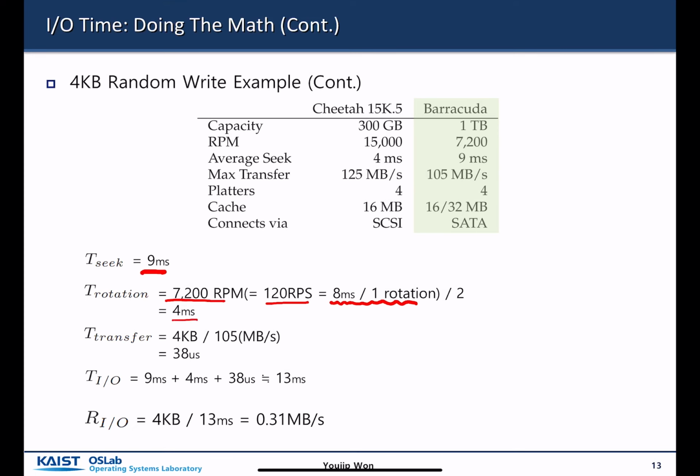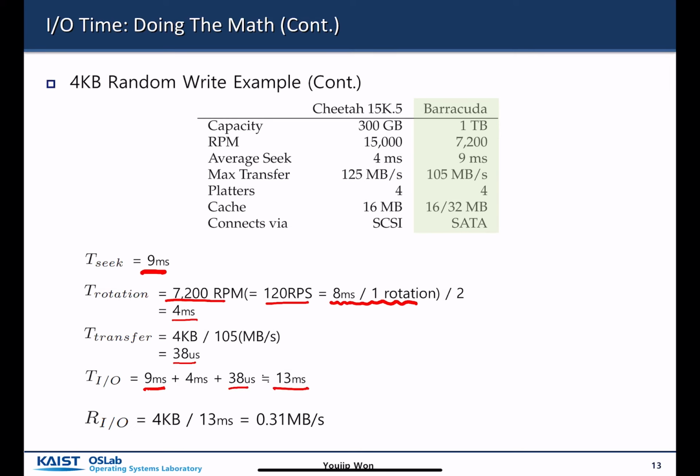And then the transfer time is 38 microseconds. So T-IO, the time to send a block, corresponds to 9 milliseconds, which is the seek time, plus 4 milliseconds, which is the rotational delay, plus 38 microseconds, which is the transfer time.